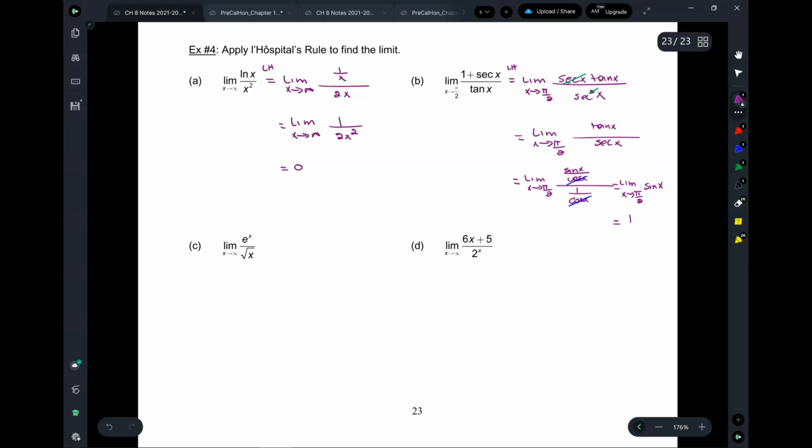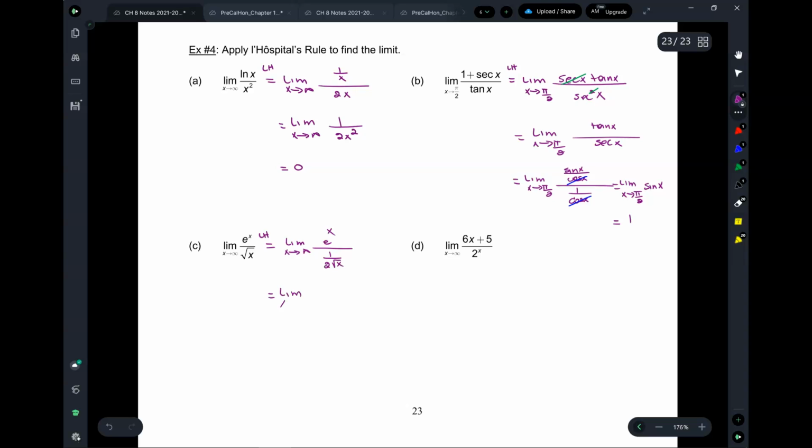So that's indeterminate. Okay, so if we use L'Hopital's rule, this is the limit as x approaches infinity of e to the x over, what did we say the derivative of root x was? 1 over 2 root x.